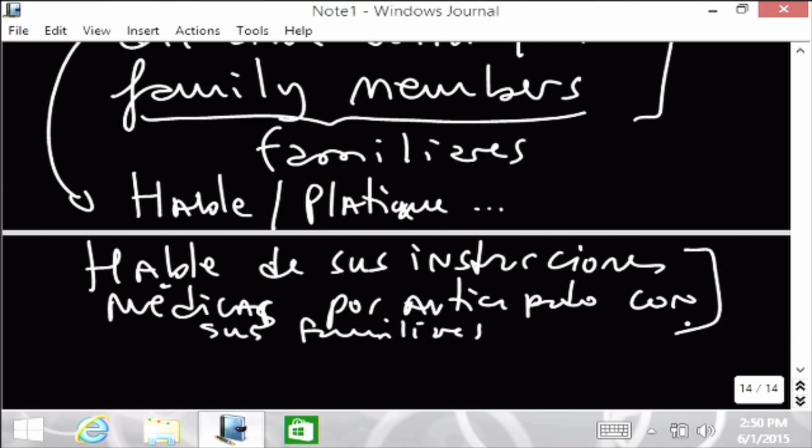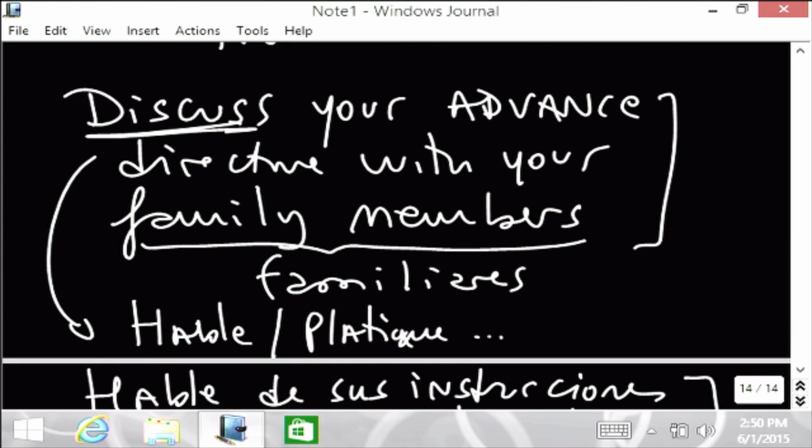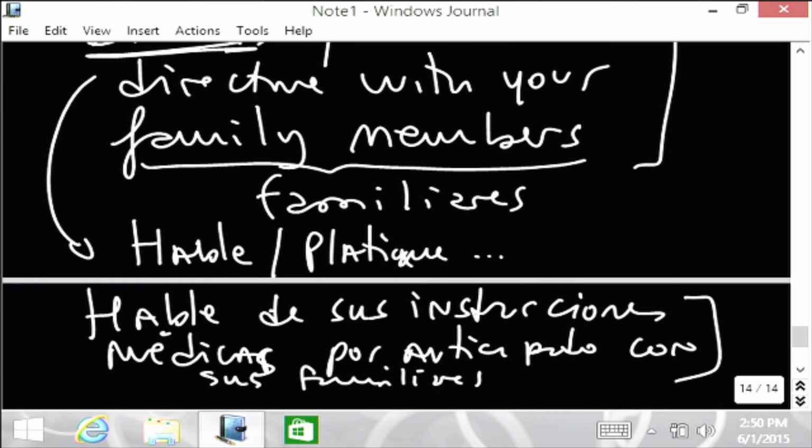The word order is exactly the same. Discuss, hable, your advance directives, sus instrucciones médicas, por anticipado, with your family member, con sus familiares. But the structure in Spanish sounds very odd, very awkward. Hable de sus instrucciones médicas por anticipado con sus familiares. That doesn't sound right.